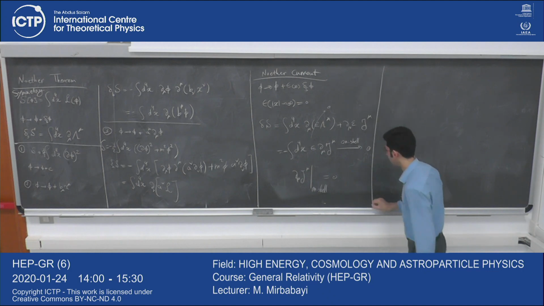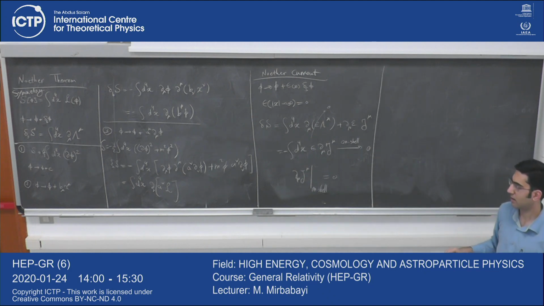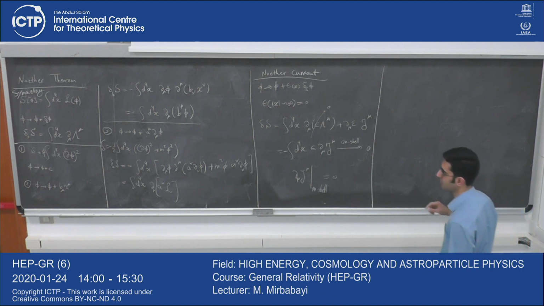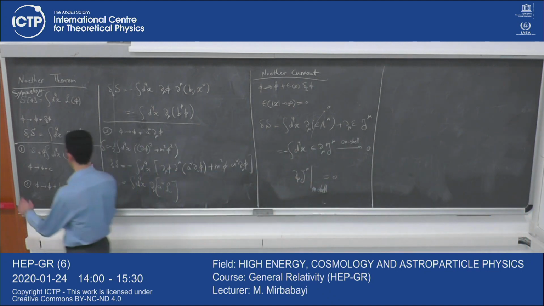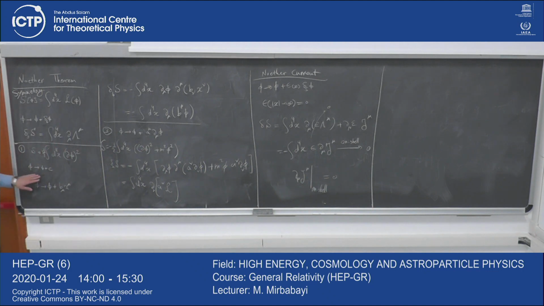Let us consider this example. The simplest one is here. Suppose now I do this transformation, shift of phi, but now I want to promote this shift of phi to be multiplied by some epsilon of x, promote it to be a local function.